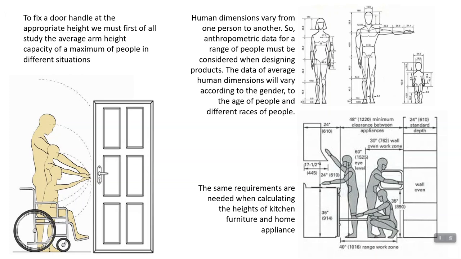So the same requirements are needed. Where to put home appliances depends on the height of the people, the maximum reaching capacity of the people. So the hand level, the maximum height a hand can reach, the minimum I can bend to reach something.